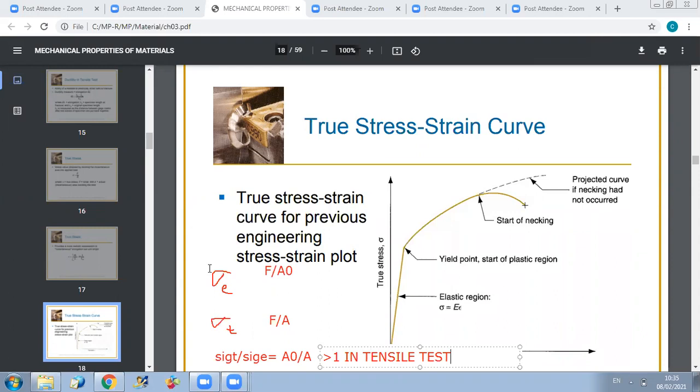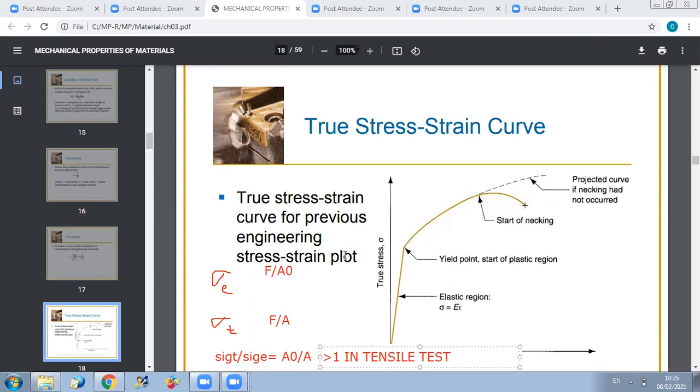While in compression, if I take the absolute value of sigma, because you know that sigma in compression is negative, but when I say sigma compression I take the positive value, sigma true compression will be smaller than sigma engineering compression. Because in compression the area of the specimen is increased, while in tension the specimen area is decreased.